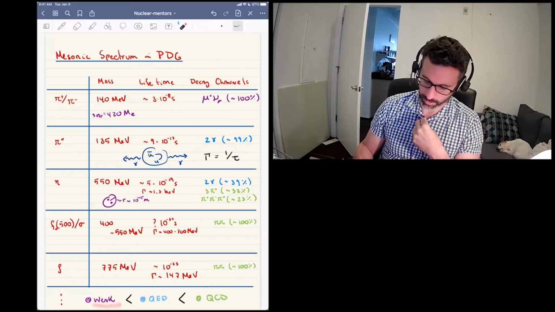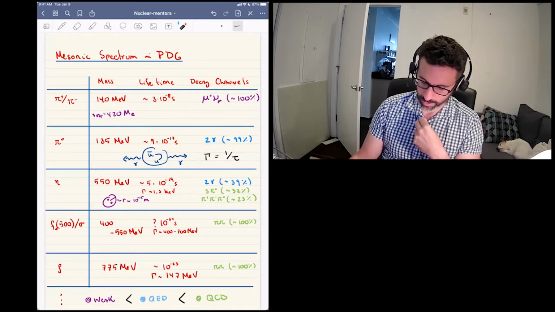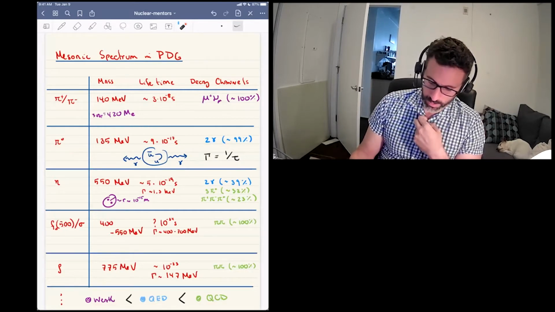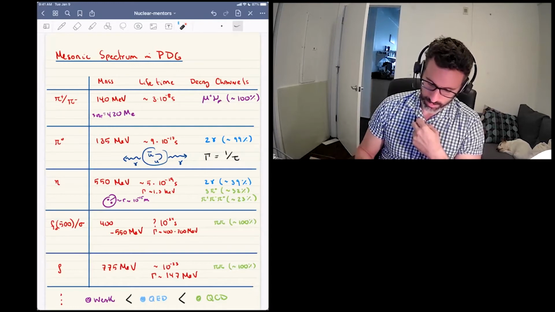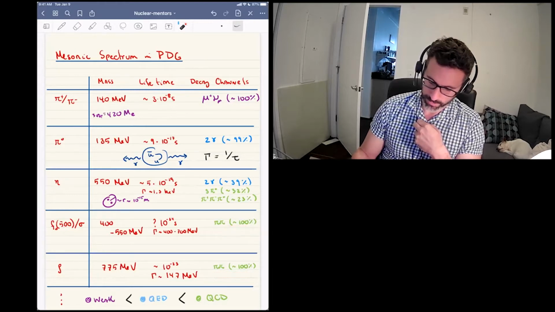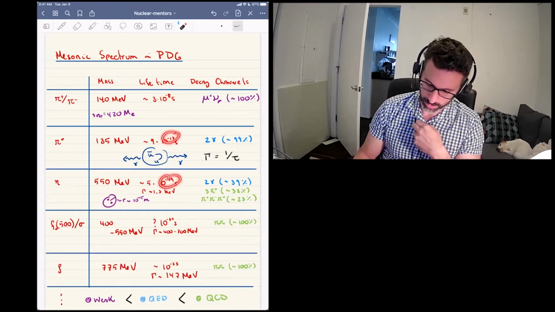So it could either be the weak nuclear force, electromagnetic forces, and then the strong interaction. Then we went down this list, finding that as you go higher and higher in energy, it's increasingly probable that the dominant decay is going to be strong in nature. And also we started to see that the lifetimes got shorter and shorter and shorter.